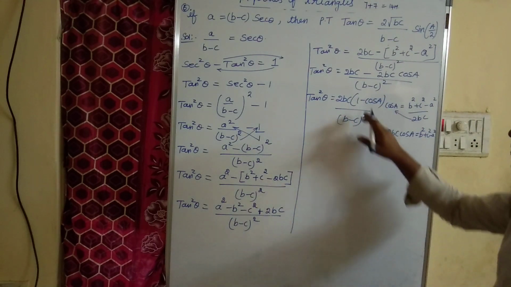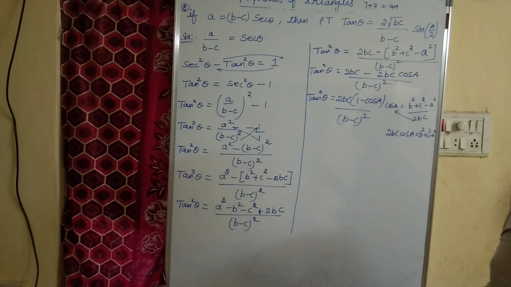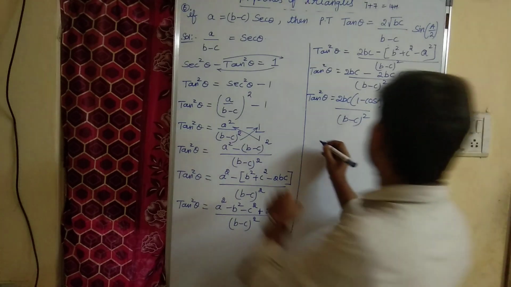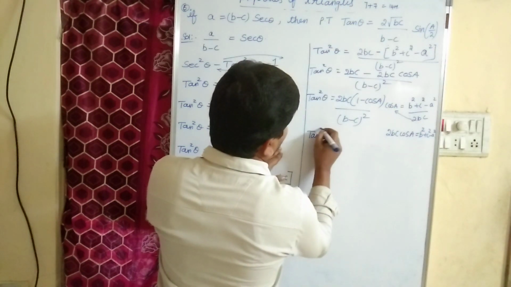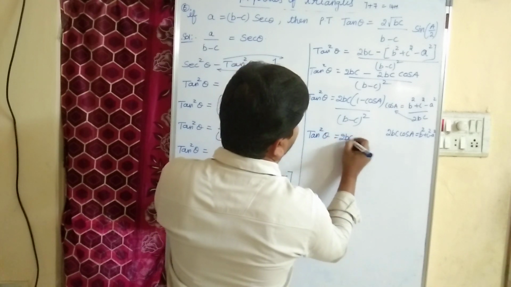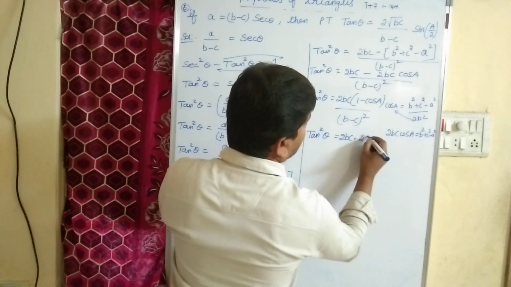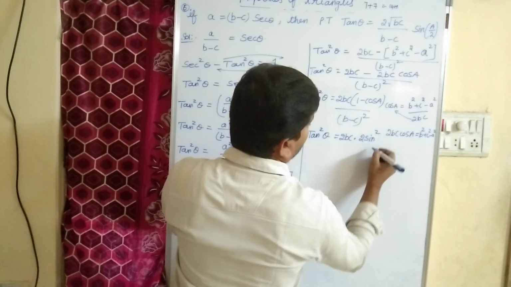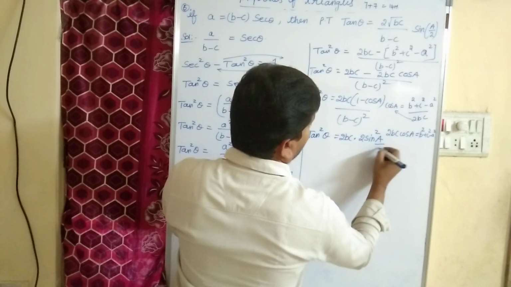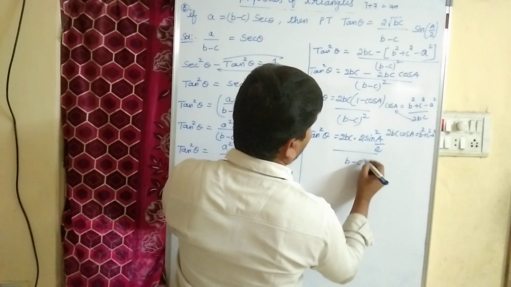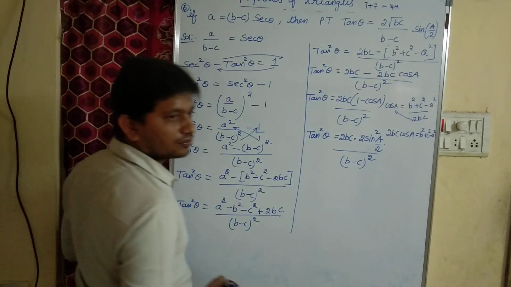What is the formula for 1 − cos A? That is 2 sin²(A/2). So tan²θ = 2bc into 2 sin²(A/2) over (b − c)².